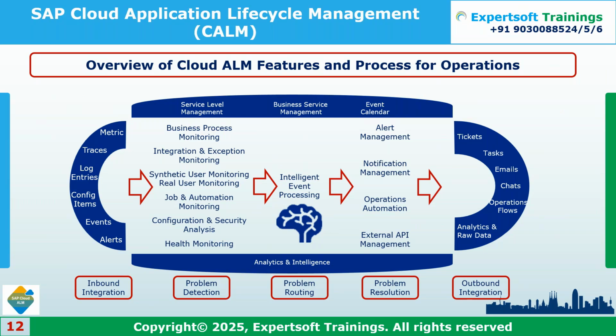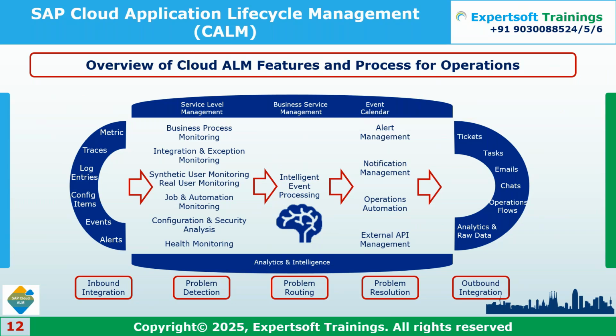So all this monitoring will have events created, like alerts, for each and every monitoring type. We have alert management, where automated alerts are raised for each and every monitoring type, and it can be notified to the users. It is similar to what you have seen in SAP Solution Manager, like alerts and event management.